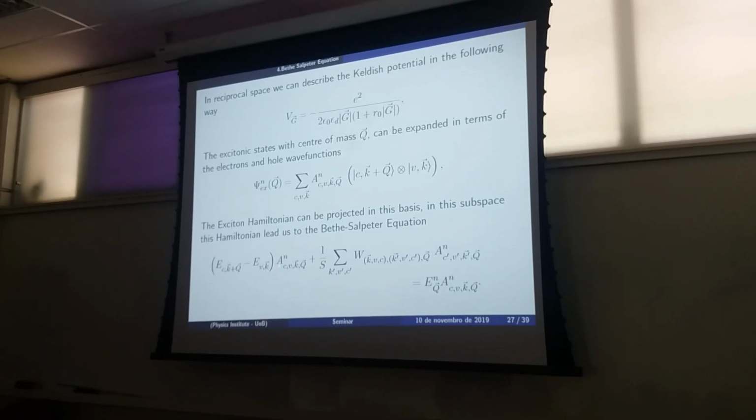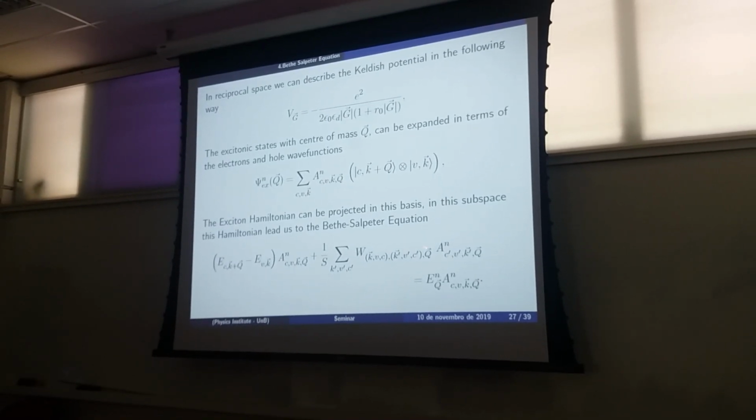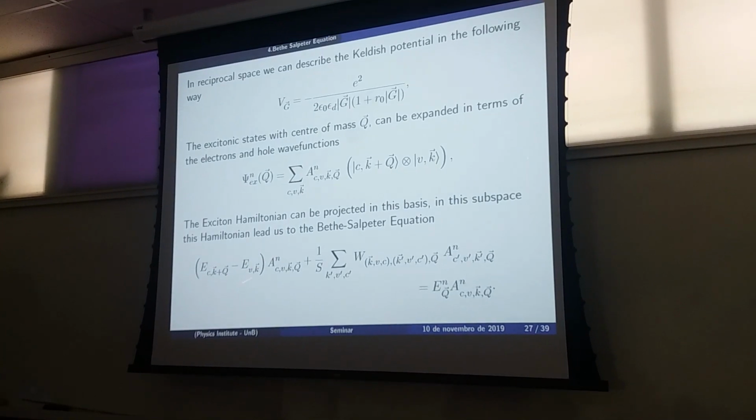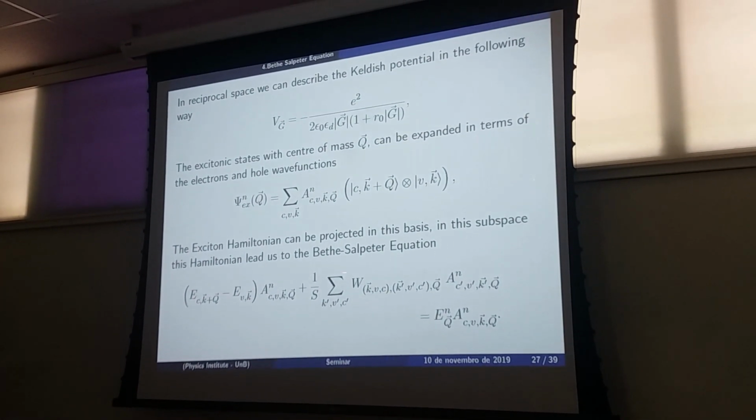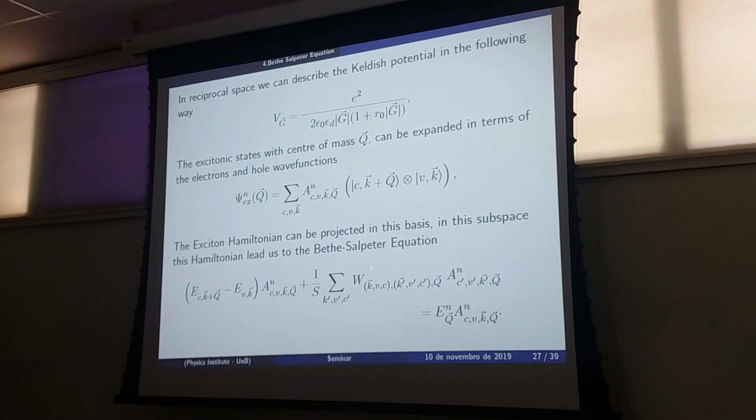And here is the full Bethe-Salpeter equation. Basically it's the gap equation here, the gap energy, and here is what people call the Bethe-Salpeter kernel, but it's the Coulomb interaction for the electron-hole pair. And here's the exciton energy.